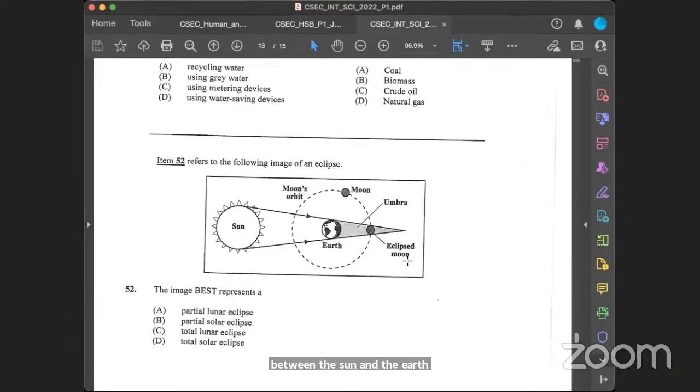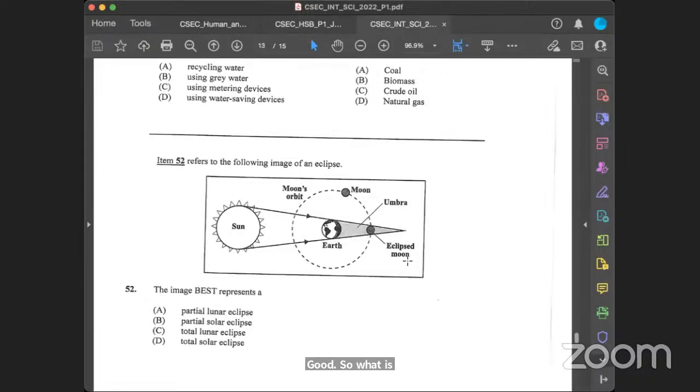They're all in a straight line, rather. Don't tell me that is the reason why it's sun. It's solar. In a solar eclipse, the moon is in the middle, and in a lunar eclipse, the earth is in the middle. Good.